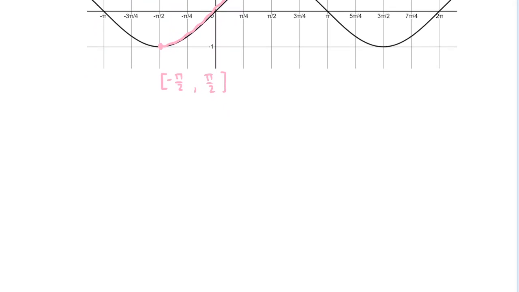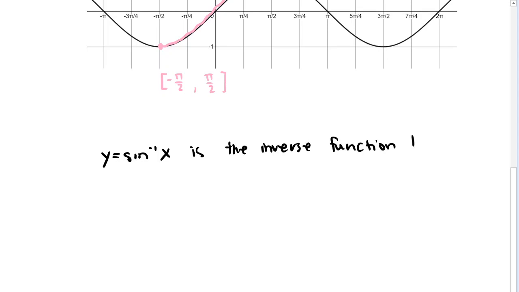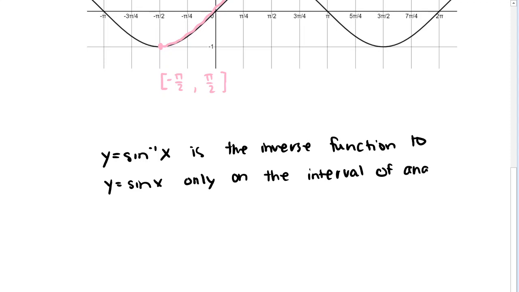And so let me write that down. So y is equal to sine inverse of x is the inverse function to y is equal to sine of x only on the interval of angles between negative pi over 2 to pi over 2.